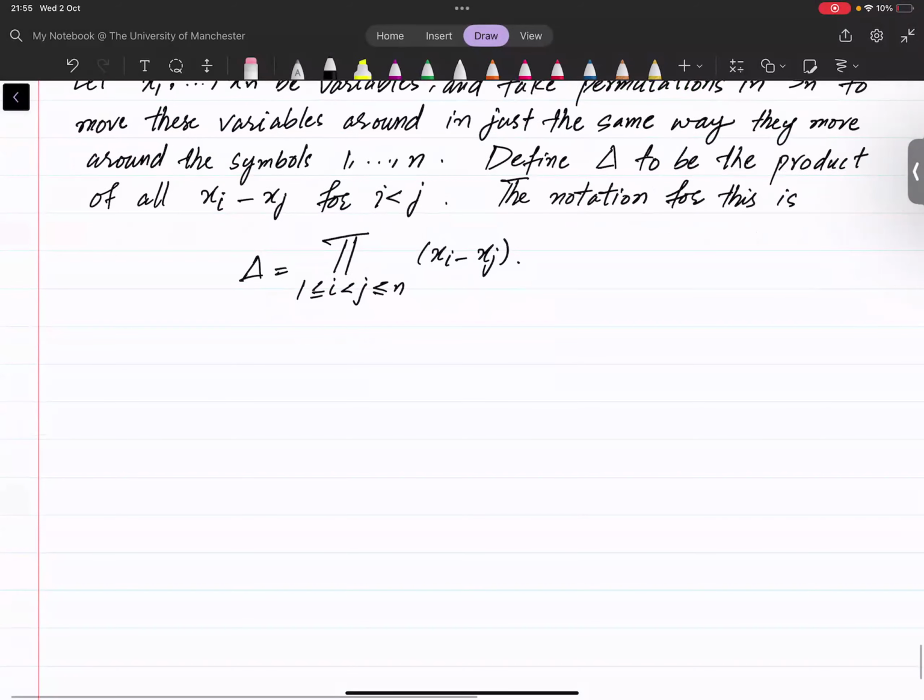Now the symbol means the continued product, the product of all the terms.